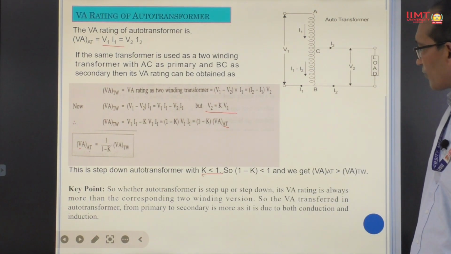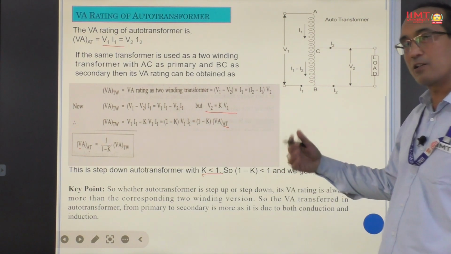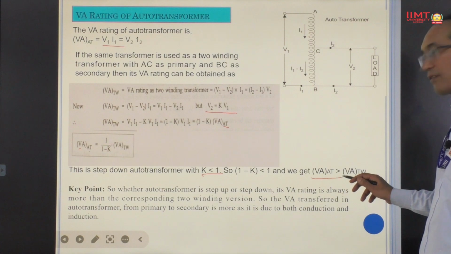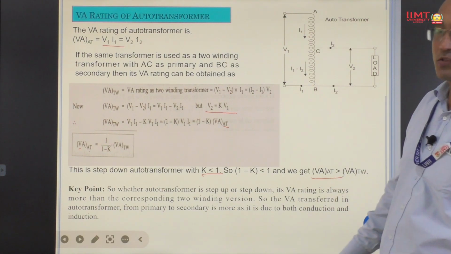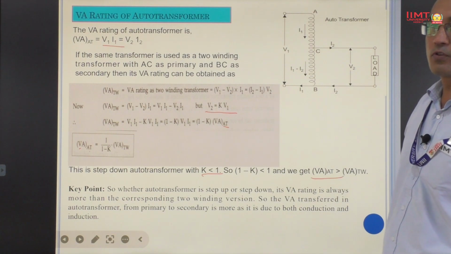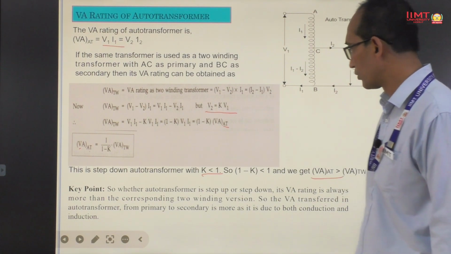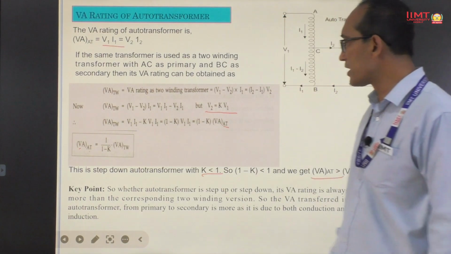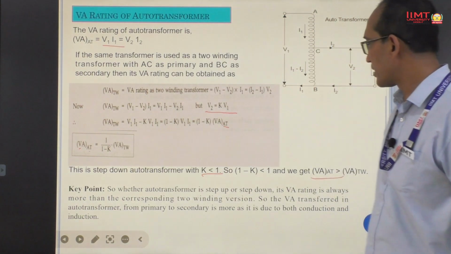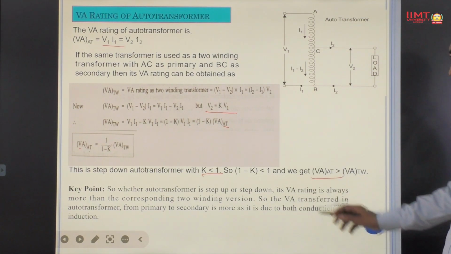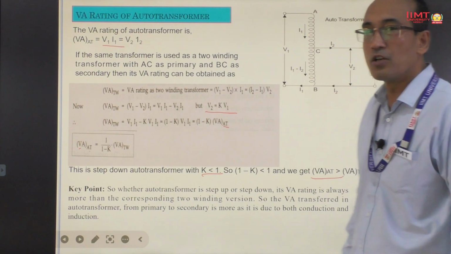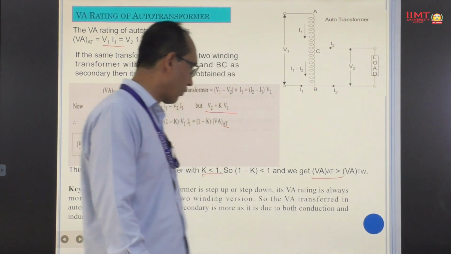When K is less than 1, definitely 1 minus K is also less than 1, and finally we get that the volt ampere rating of the auto transformer is higher than that of the two winding transformer. So this is the key result. Whether the auto transformer is step up or step down, it doesn't matter; the volt ampere rating is always more than the corresponding two winding transformer.